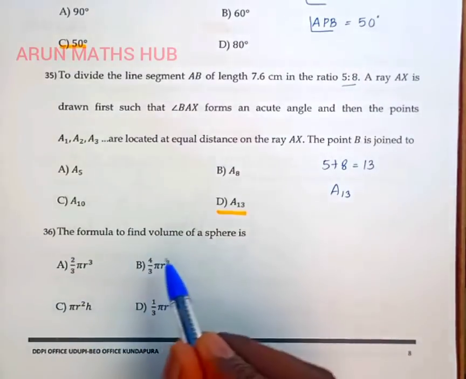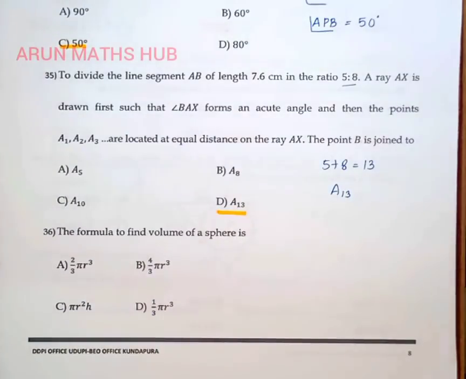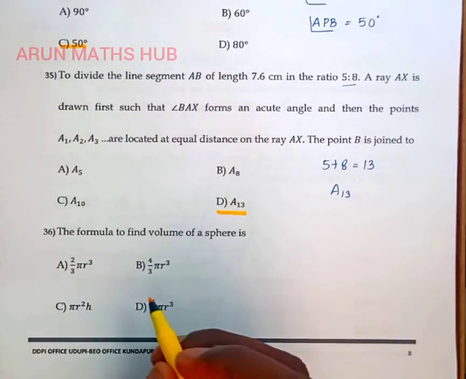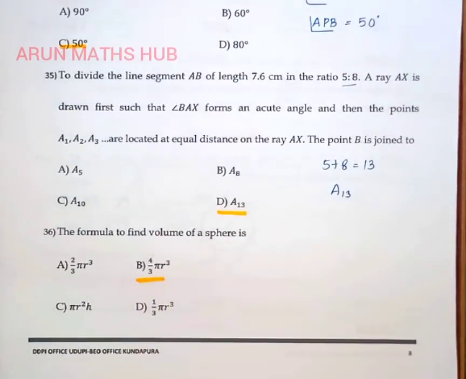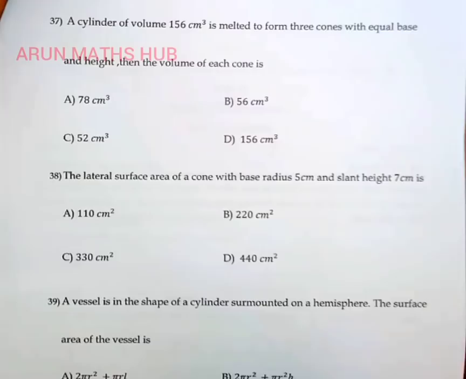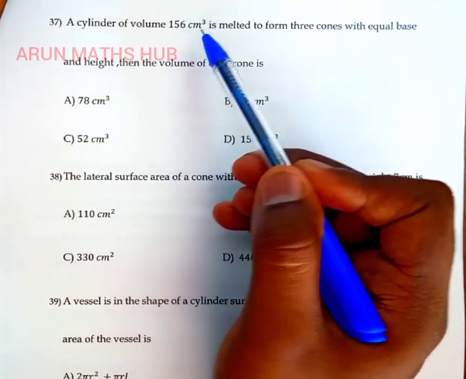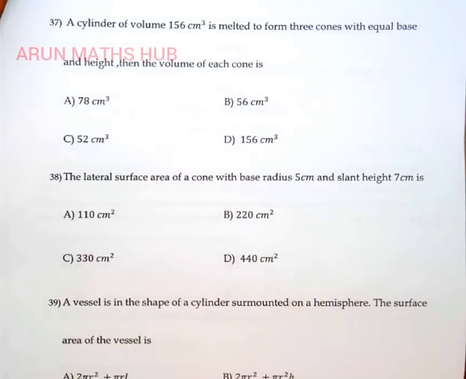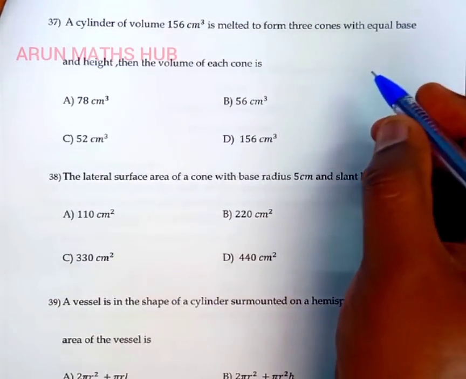Question number 36. The formula to find the volume of a sphere is 4 by 3 pi r cube. Question number 37. A cylinder of volume 156 centimeter cube is melted to form 3 cones with equal base and height.